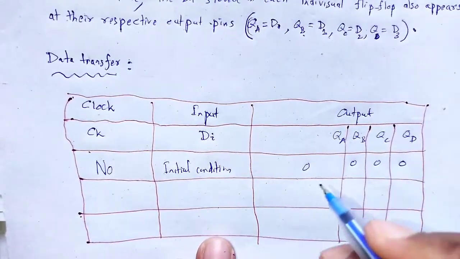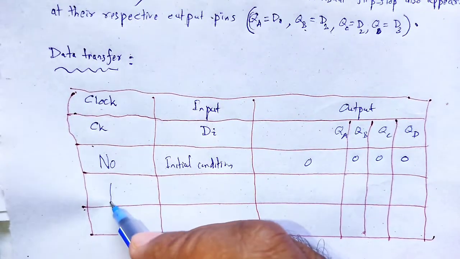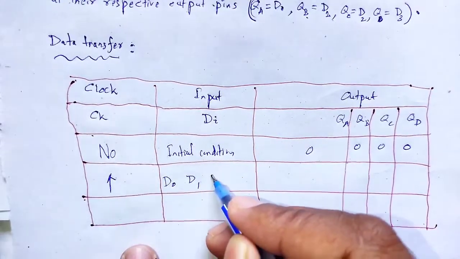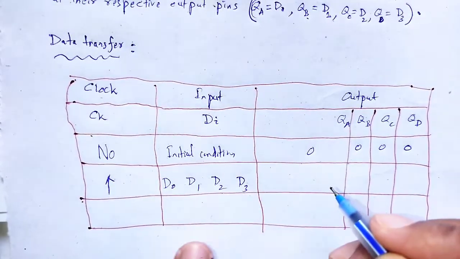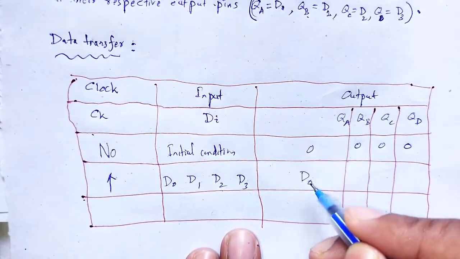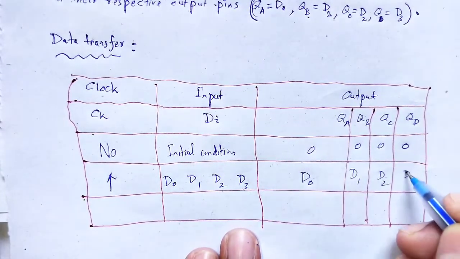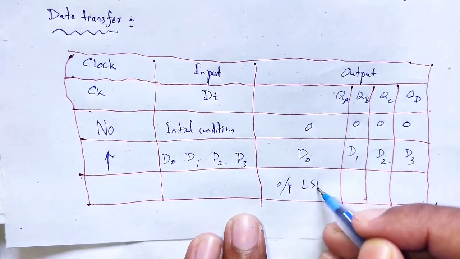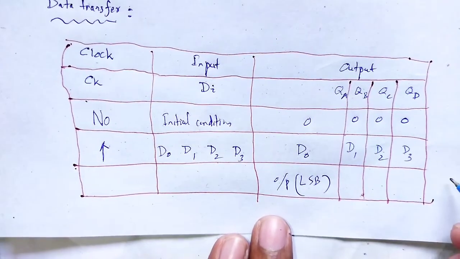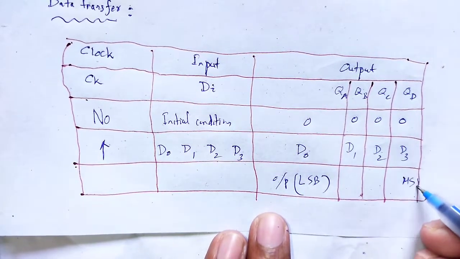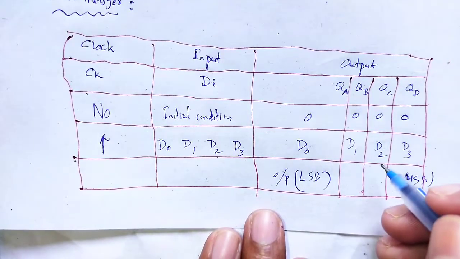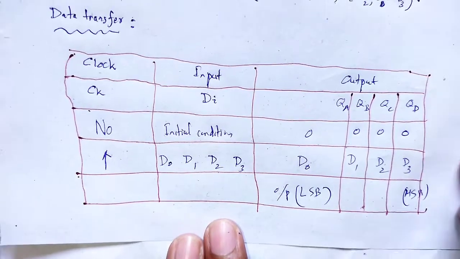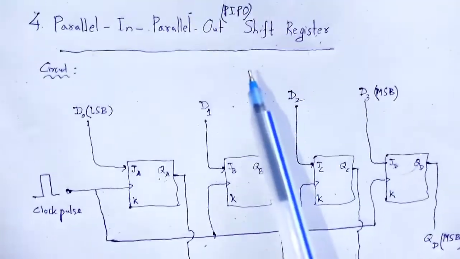But when the clock pulse is applied, at input D0, D1, D2, D3, at output D0, D1, D2 and D3, where D0 is the output of the least significant bit and D3 the output of the most significant bit. These are the outputs we obtain in the case of the parallel in, parallel out shift register.